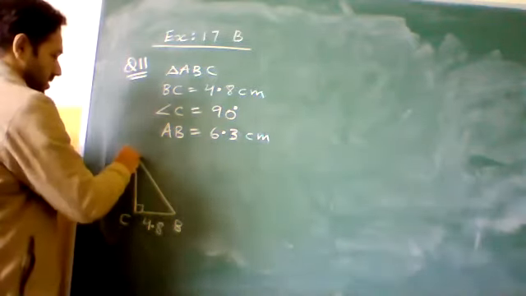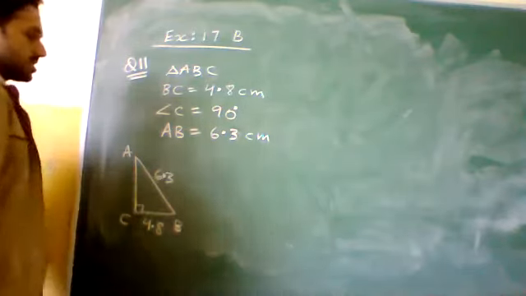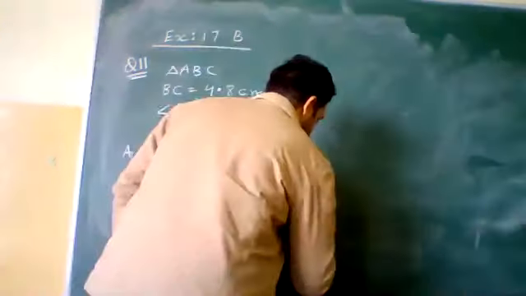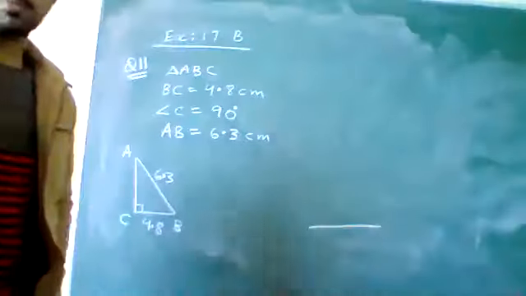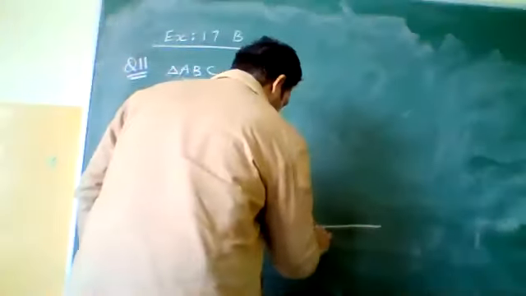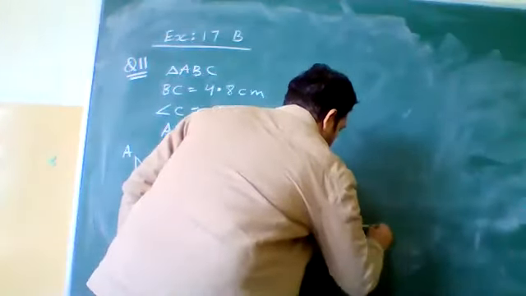And AB you have to draw as 6.3. How to do it? This is the rough figure. First, you draw BC of 4.8 centimeters. It is very simple to construct, one of the easiest. First, construct BC of 4.8 centimeters with point C.